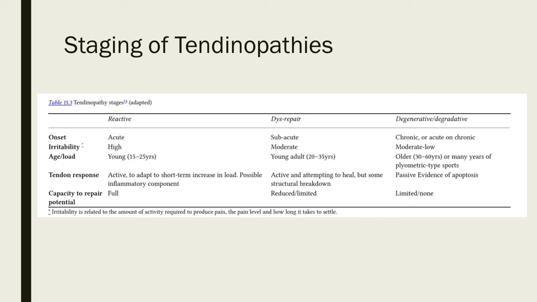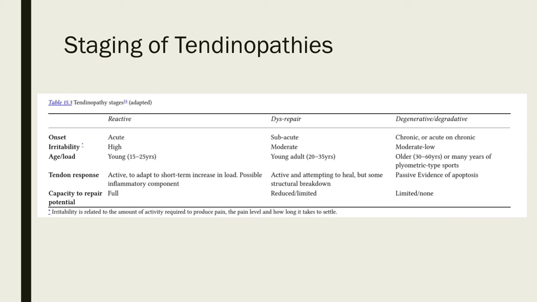Typically, this stage process is thought of as a continuum, but again, not every stage is going to be symptomatic. So the stage of the tendinopathy is not always going to be clear based on symptoms alone. Also, the stage of tendinopathy is not necessarily consistent throughout an injured tendon.